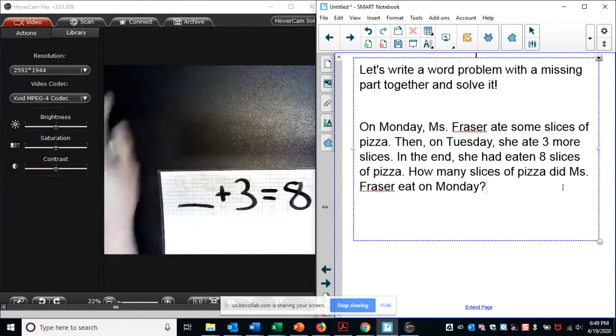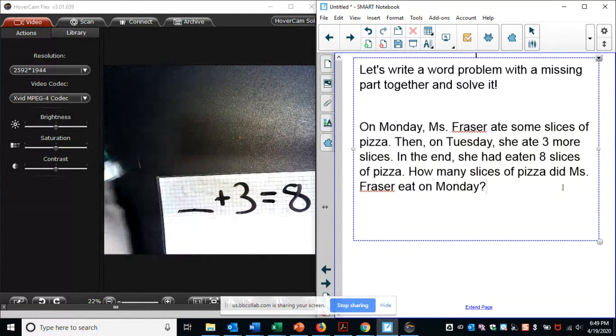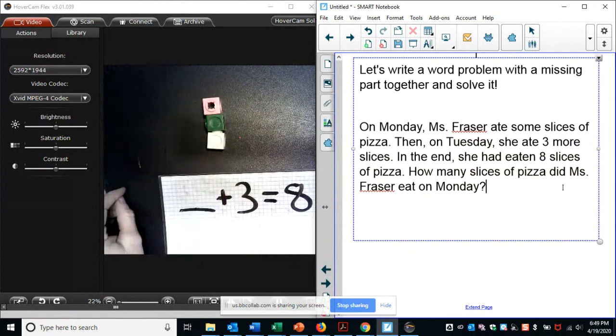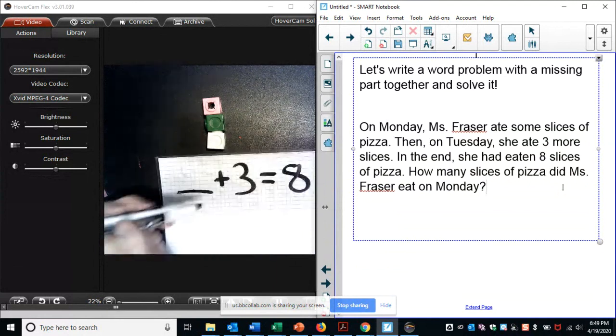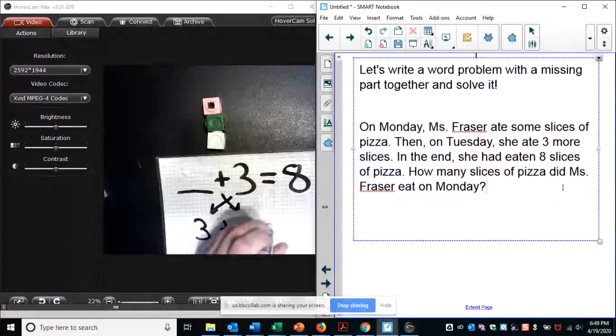So let's think what we have to do. We don't know what it starts with, but we know when we add 3 to it, it's going to get to 8. So 1, 2, 3. And we know that we have our turnaround fact, so I could also start with 3 and add on until I get to 8, and that will give me the same answer. So I could do my turnaround fact and do 3 plus something equals 8.